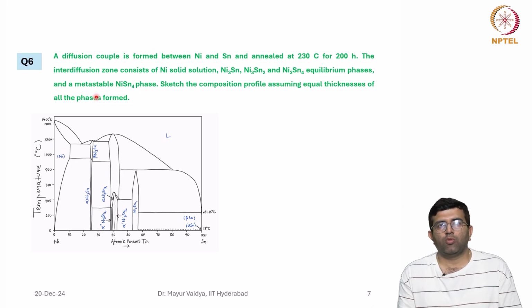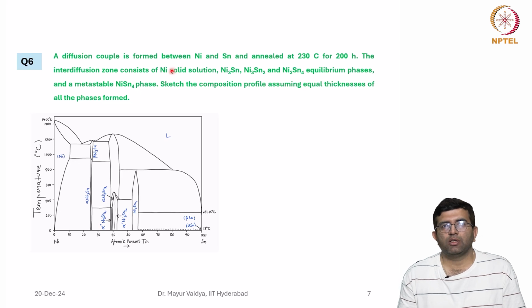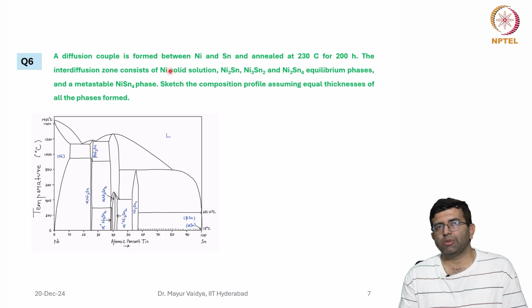So what we are given is that these are the phases that are formed in the interdiffusion zone. Please pay attention here that when you are plotting the composition profile, either with XNi or XSn, make sure that you go in the correct order of the composition. Nickel solid solution means there is 0 tin.